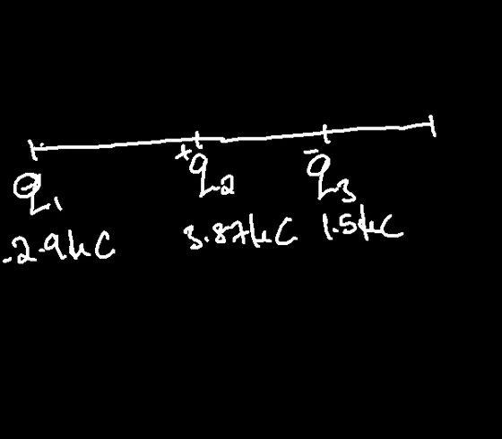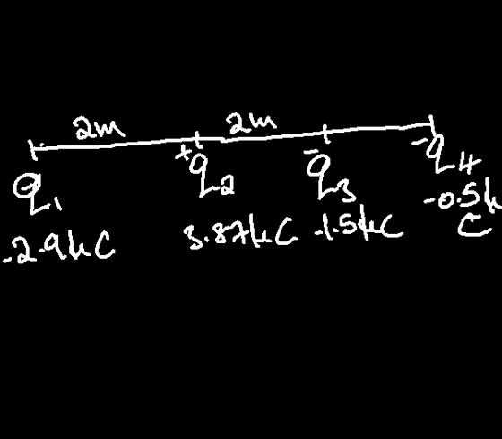And this is charge 4, a negative charge, given as negative 0.5 microcoulomb as well. The distance between charge 1 and charge 2 is 2 meters, here as well it is 2 meters, and here it is 1.5 meters.